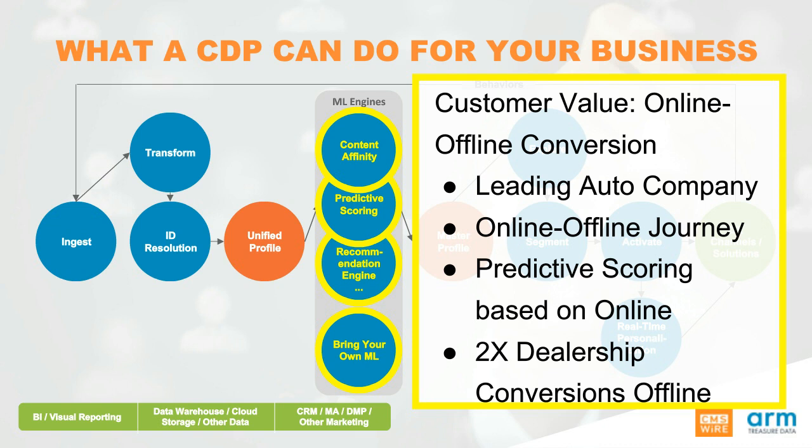A good example of that is a recent auto company that we served, a massive company with billions of dollars in revenue. As is typical for retailers and specifically for the auto industry, there's a big online-offline situation where the customer journey is long. It spans digital channels, dealerships and stores.